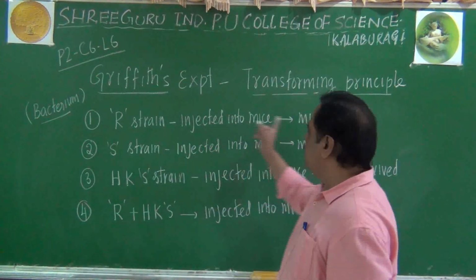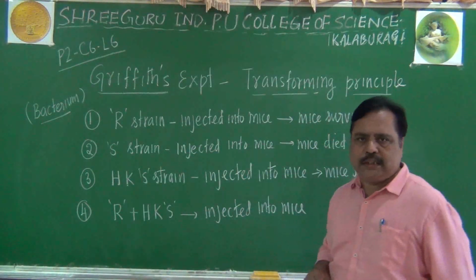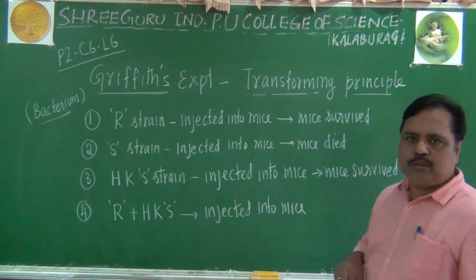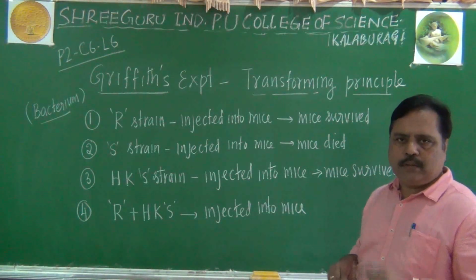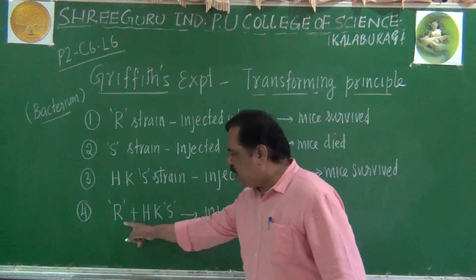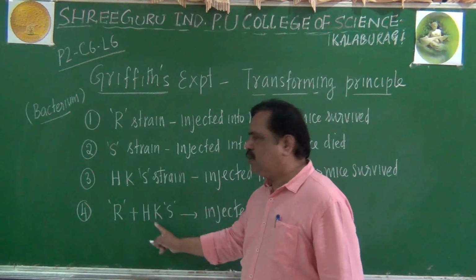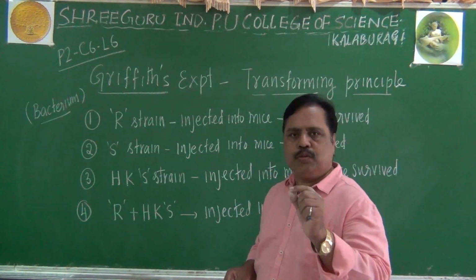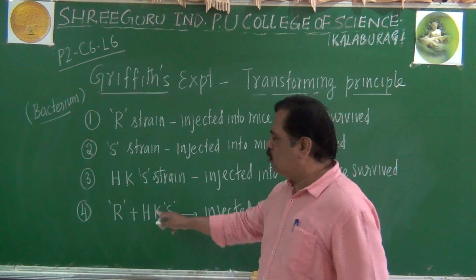R strain is unable to produce disease. Heat killed S type is also unable to produce disease. The mice will survive; they will not be affected by pneumonia. When we inject this mixture of R and HKS together, we expect that the mice should survive. Is it or not? They should.